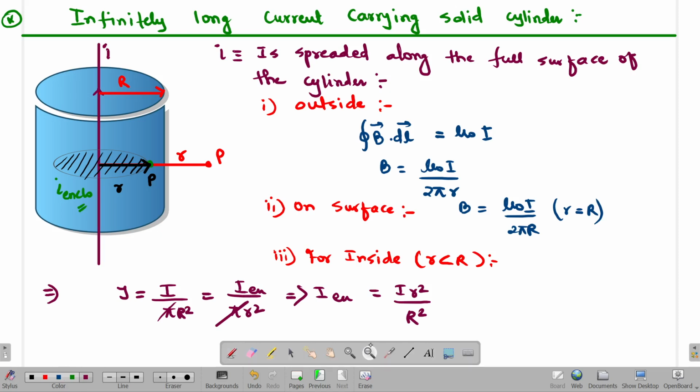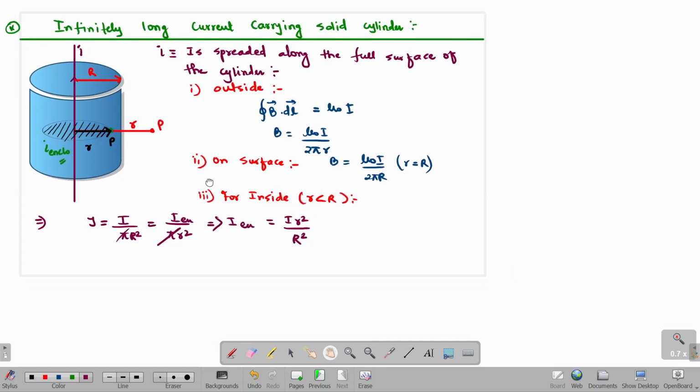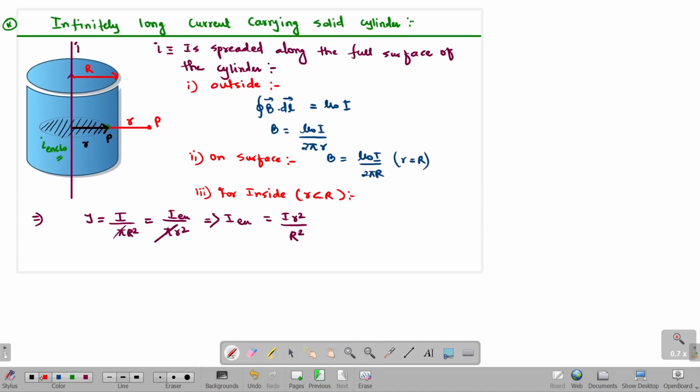So look over here. If I want to find the magnetic field inside it, so magnetic field inside dot dl vector on the loop is mu naught I enclosed. So B inside is how much?